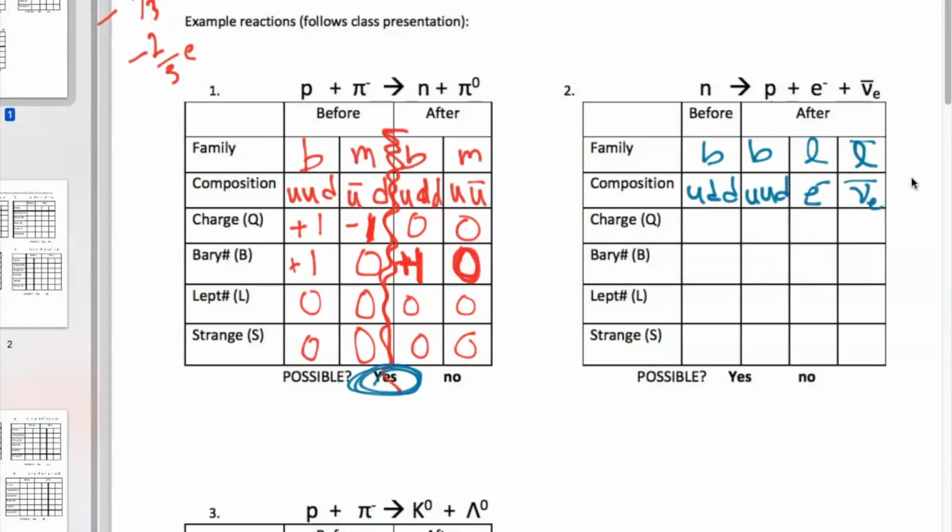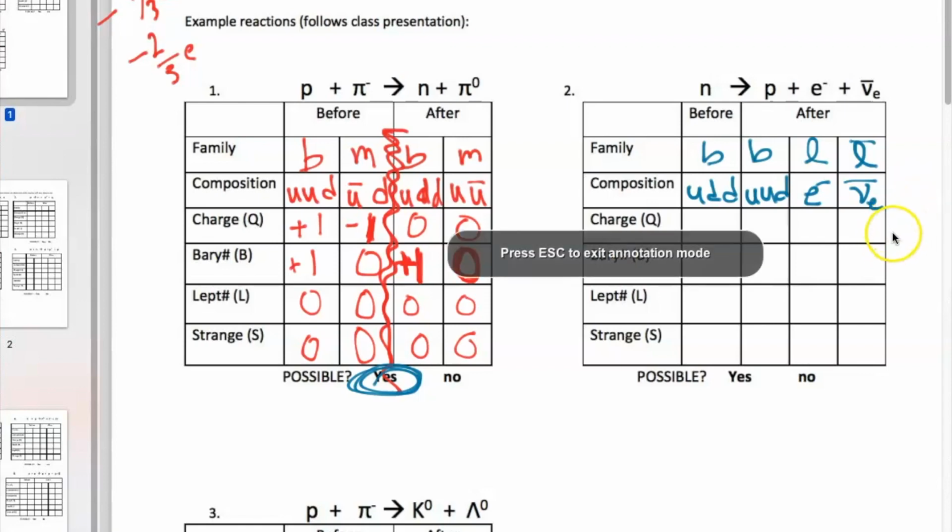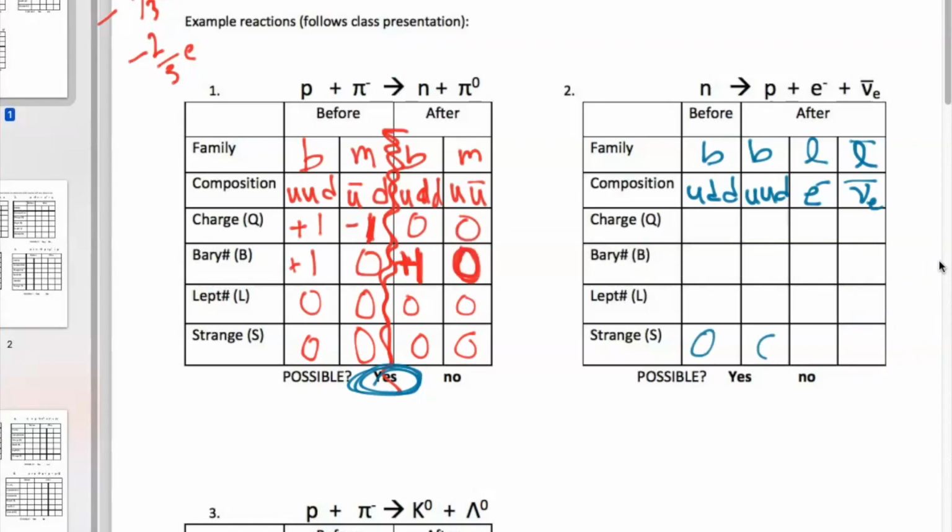I should be a little bit tidier. So again, I'm going to go through the exact same process I did last time, where I write down each of the 4 things: the charge, the baryon number, lepton number, and strangeness. Since there are absolutely no strange quarks, there's no strangeness to worry about. What a relief. Lepton number: all leptons have a lepton number of 1, and anti-leptons have a lepton number of -1.